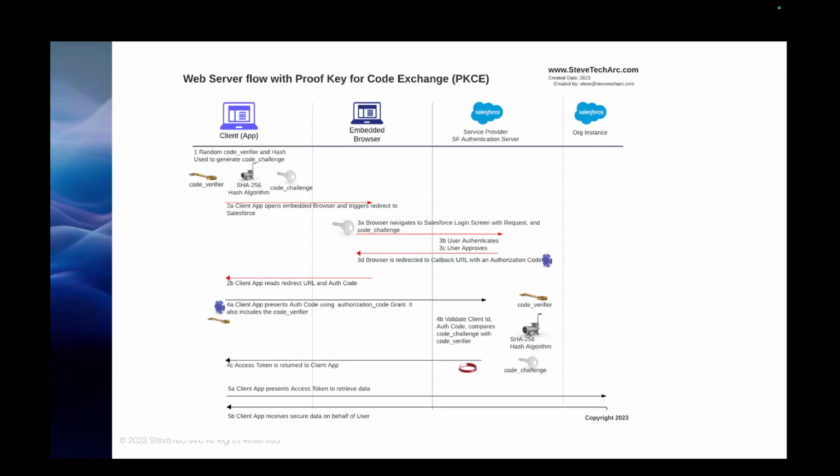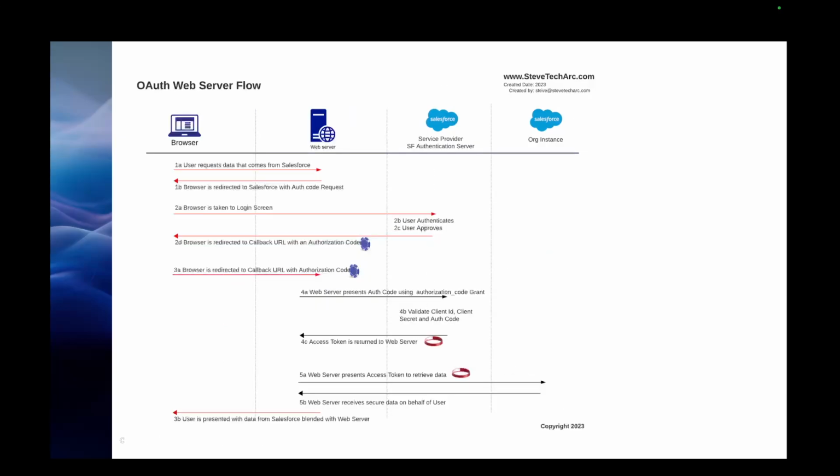Now, there is a window of opportunity, a weakness, and the weakness is while you've been presented this access token, it comes back to your browser on 2D and then 3A. In the meantime, that code sitting in your browser, a nefarious actor could be in there, grab that auth code, excuse me.